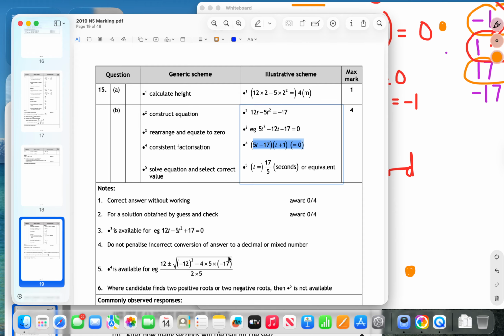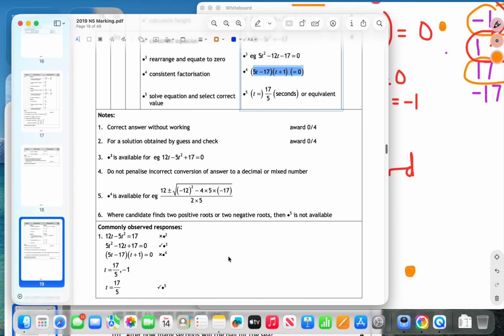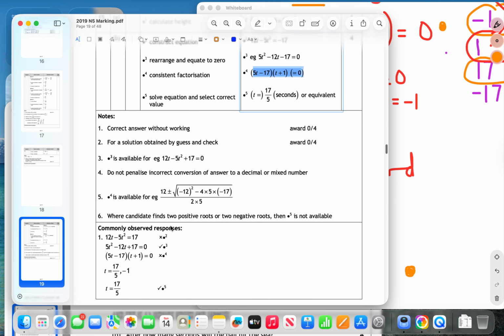Now they don't accept guess and check, so you can't just mess around with the numbers and substitute values of t in. You have to actually solve the equation either this way, or you can use the quadratic formula, would also work in this case.